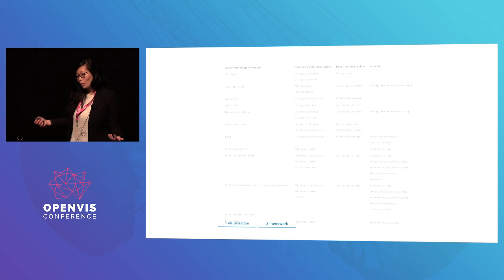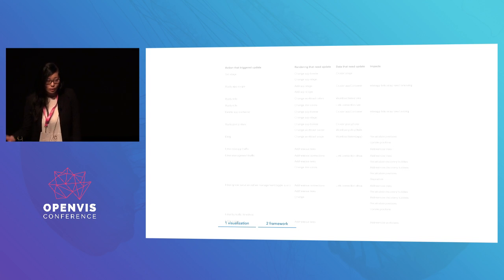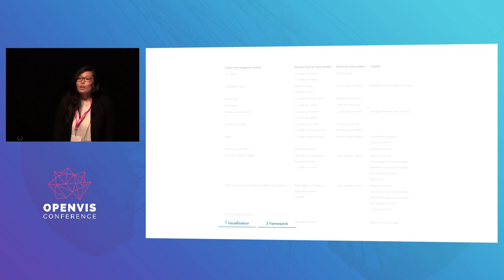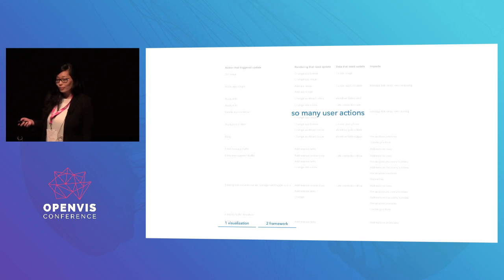And that was great when we first started out because we had a pretty simple feature set. But as we added more and more features, we started having more and more user actions. So this table that you see faintly in the background is actually only half of our user actions at a certain point in time about a year ago.